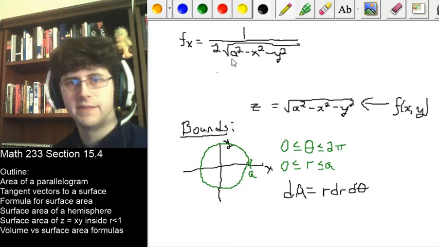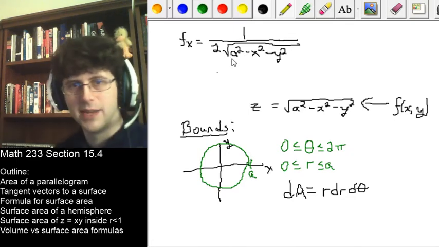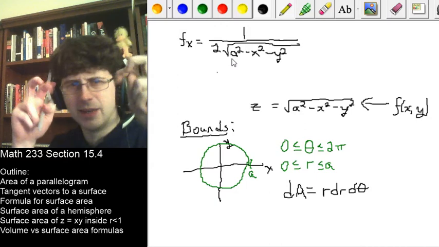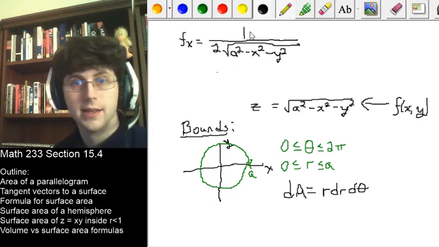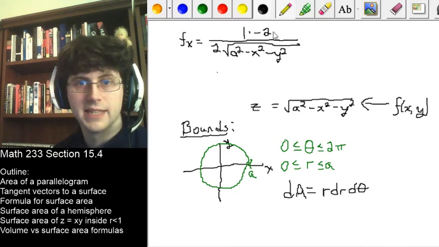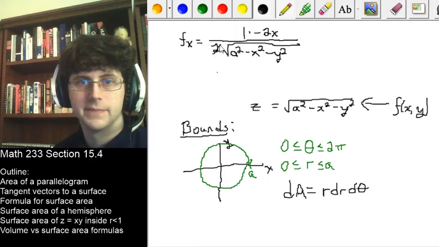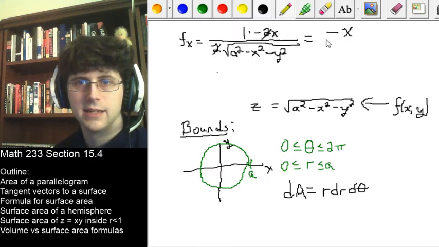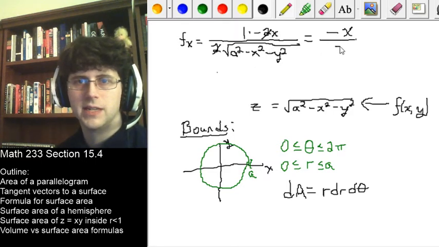So 1/2 times that quantity to the minus 1/2. But since I had that quantity, I have to use the chain rule. So I'll multiply by the derivative of the inside, which is minus 2x. The 2's cancel, and I get minus x over this square root. I don't really want to write this whole square root again, so I'm just going to write z, because it says right down here that that's what it is.